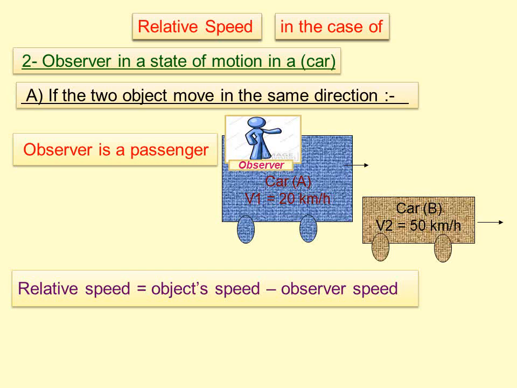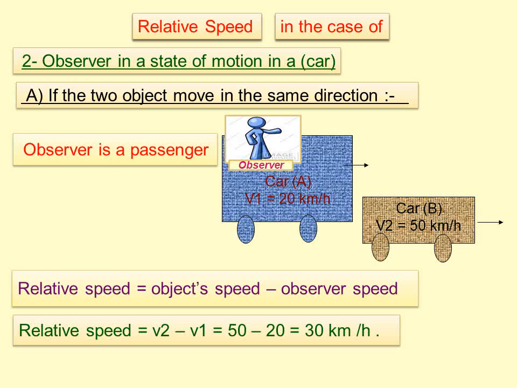Here we have the object speed, car B, 50 minus 20, V2 minus V1. The relative speed here equals 50 minus 20 equals 30 kilometers per hour. So if we have two objects moving in the same direction, we have object speed minus observer speed.